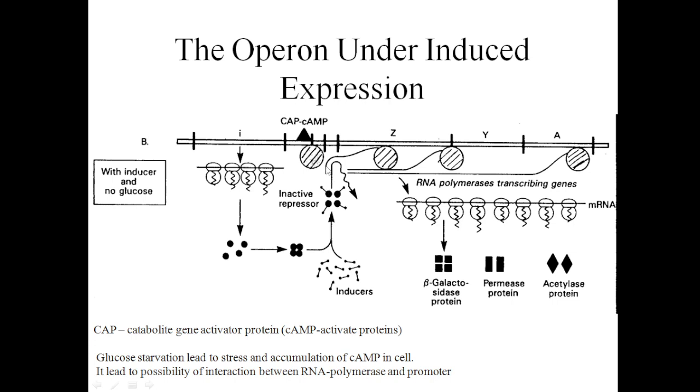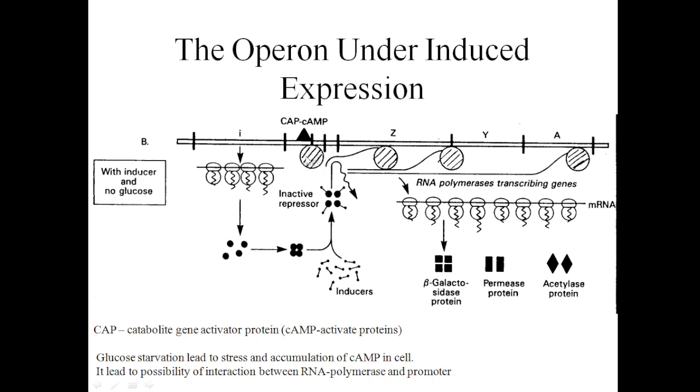But when cells have a low concentration of ATP and a low concentration of glucose, this leads to the formation of cyclic AMP.